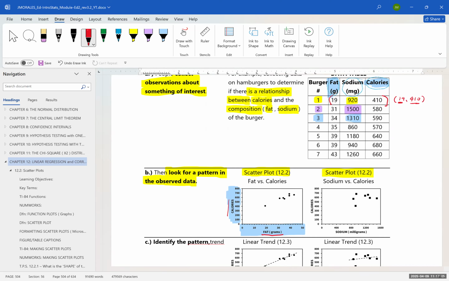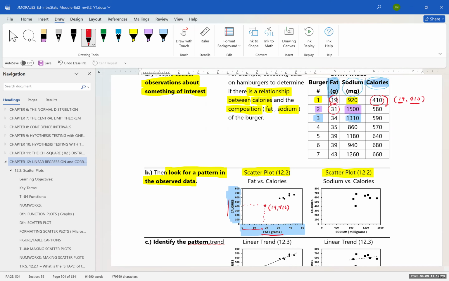So if we come over to 19 and go up, and go over from 410, we can see that the point 19, 410 is this point right there on the graph. And so we've plotted 19 and 410.